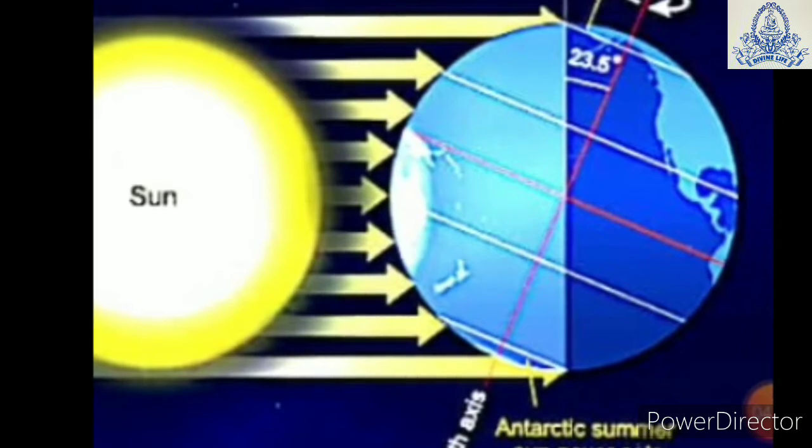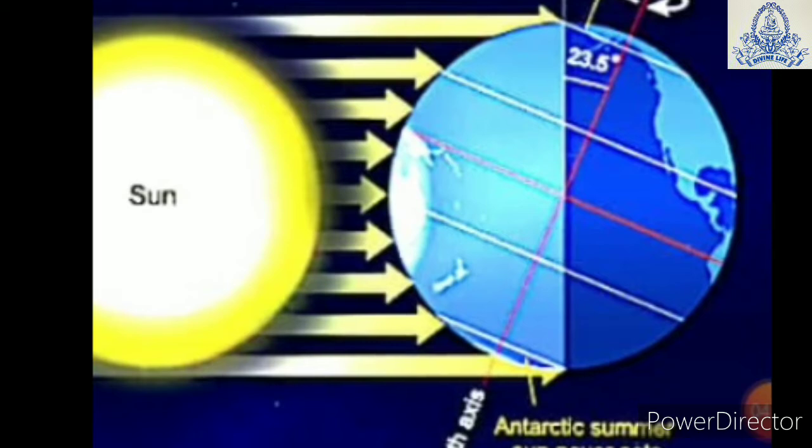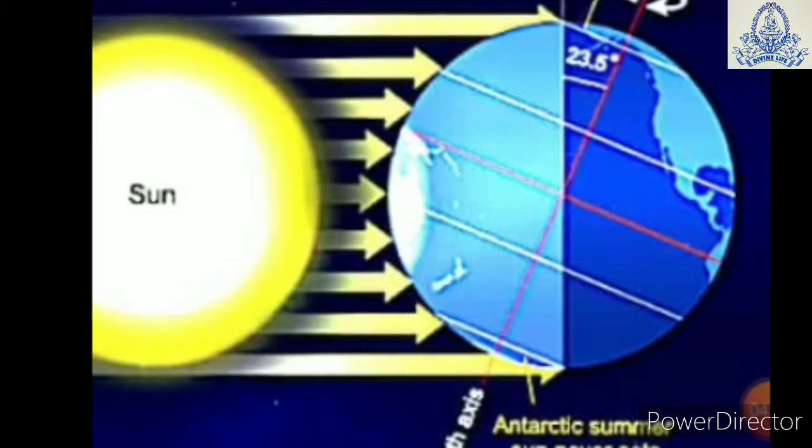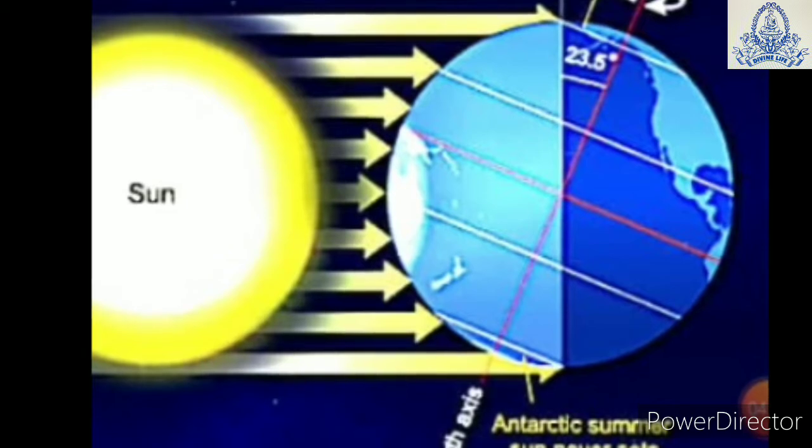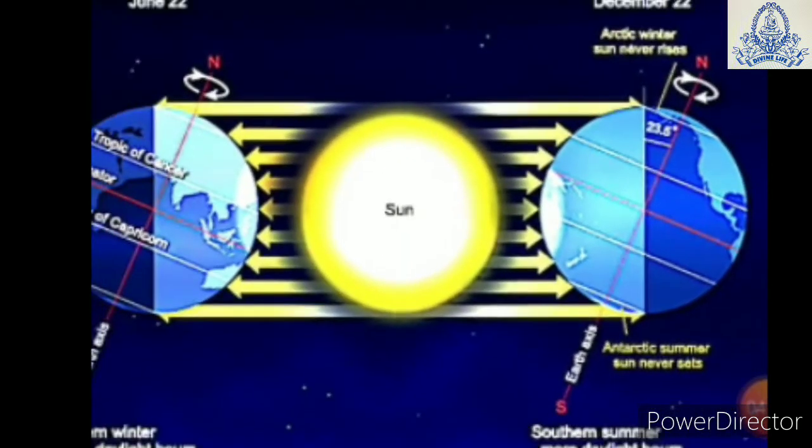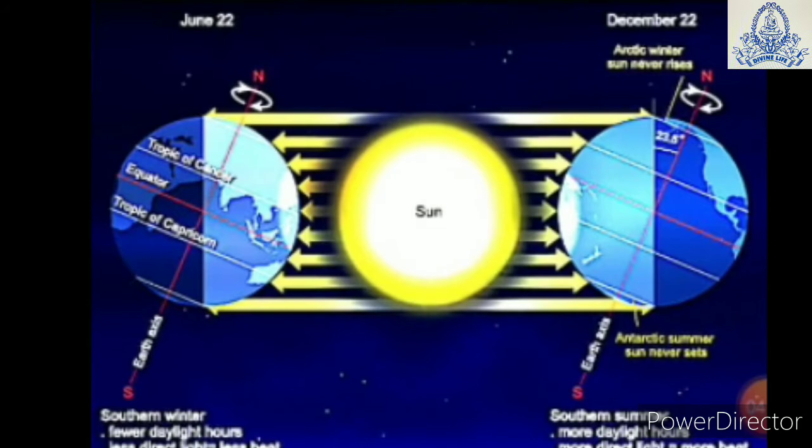The southern hemisphere is getting more sunlight, that means the day will be long there, and in the northern hemisphere sunlight is less, so the day will be shorter. That means the night will be longer in the northern hemisphere and shorter in the southern hemisphere. In this manner the days are long and short, or we can say the lengths of days and nights are different.